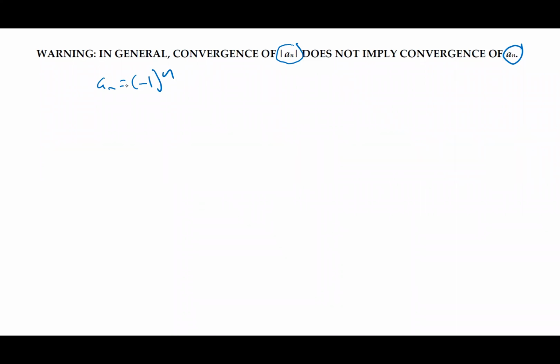There's 1, there's negative 1. This thing lives between, and when I say between, I really mean either or. It's either at negative 1 or 1. Okay? This thing diverges horribly.